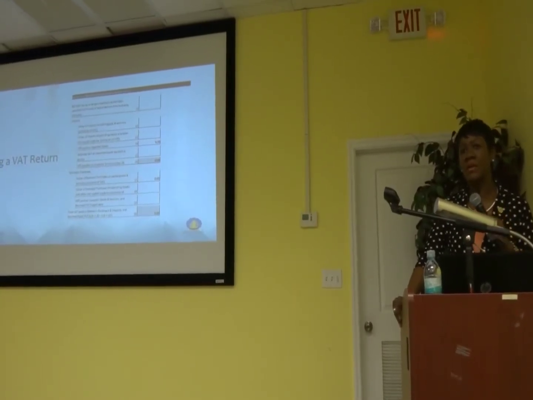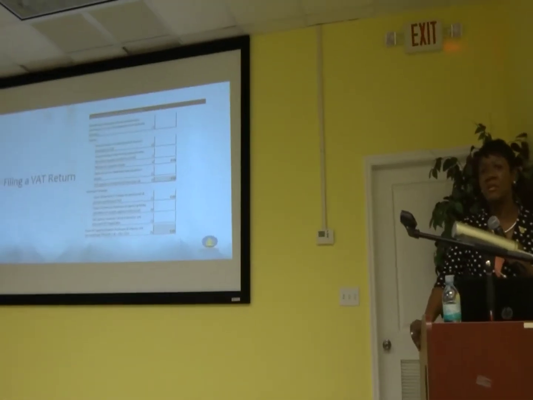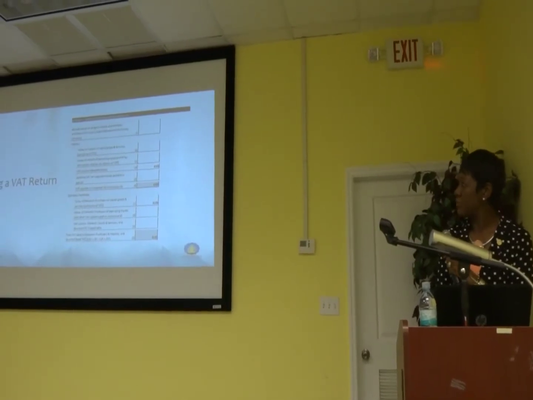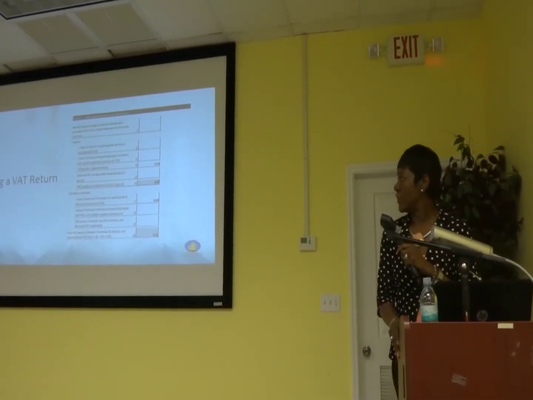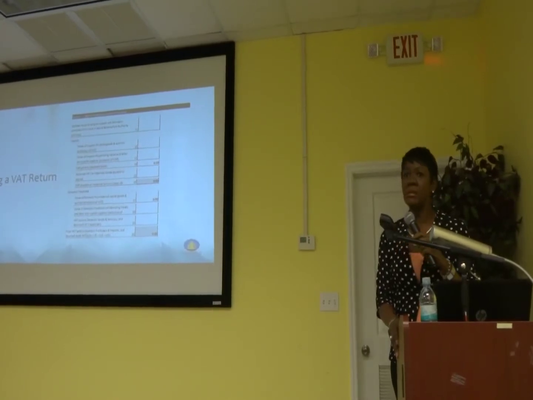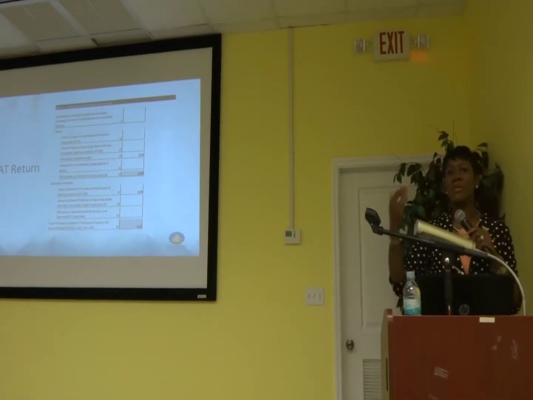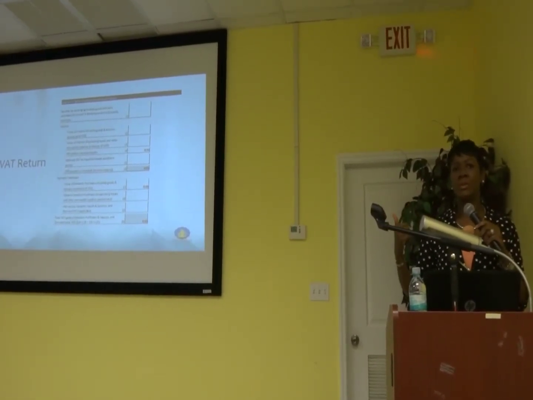This is a typical error that we see on the tax returns. People tend to put the invoice value, but it's actually landed cost on that line, and then line 14 is where you would put the VAT that you paid to customs. And this is how you claim your VAT back that you would have paid out when you imported those goods.